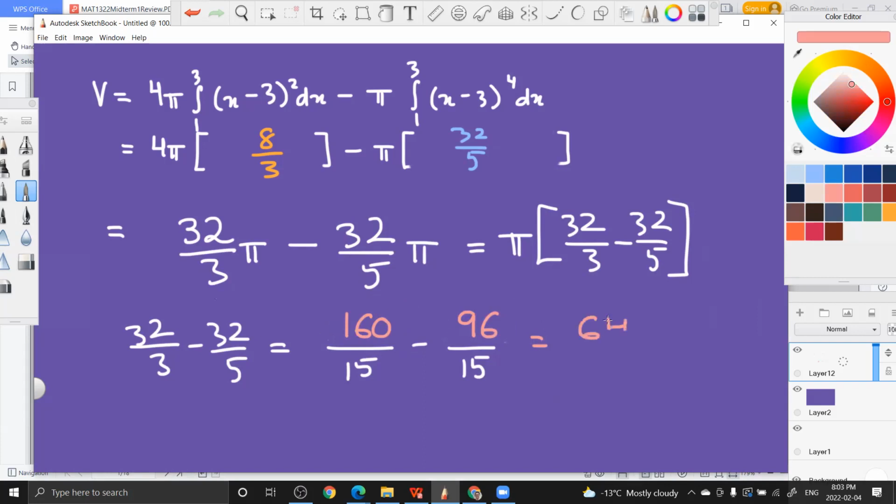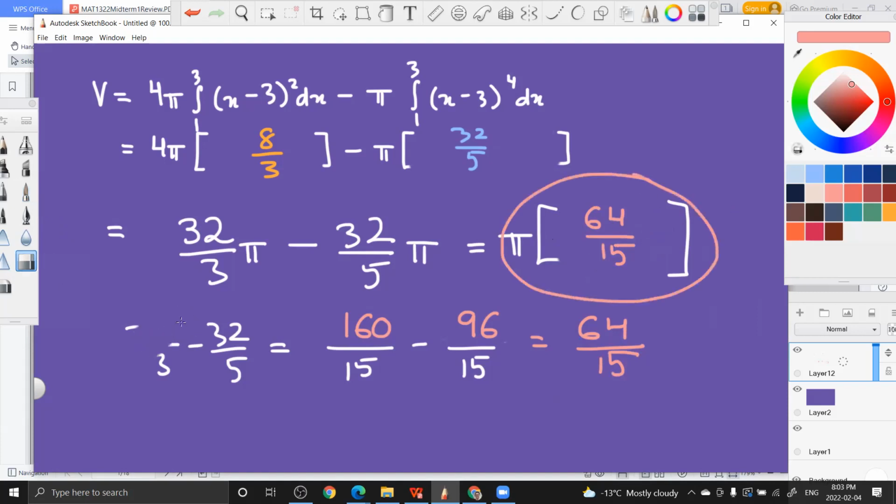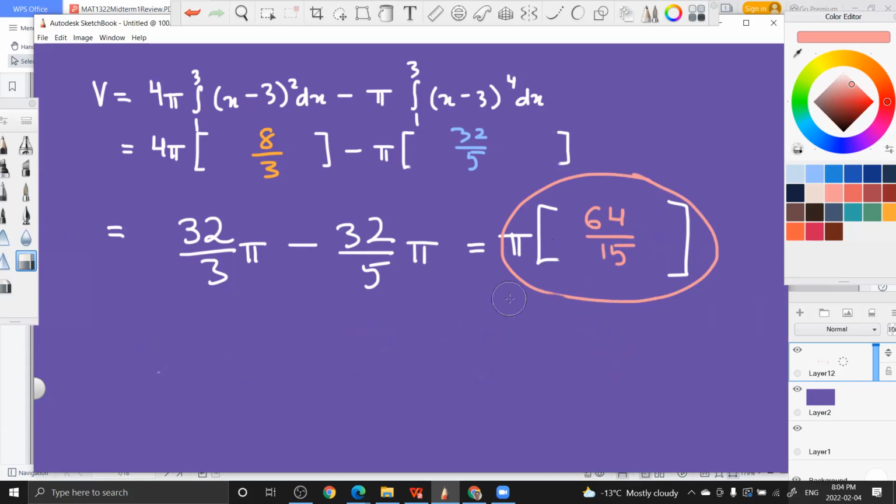That's 64 over 15, right? Can someone confirm for me? I'm pretty sure this is 64 over 15. So if you plug it back in here, that's going to be 64 over 15. And that's the answer. I'll erase this so there is absolutely no confusion. So the final answer is 64 over 15 pi.